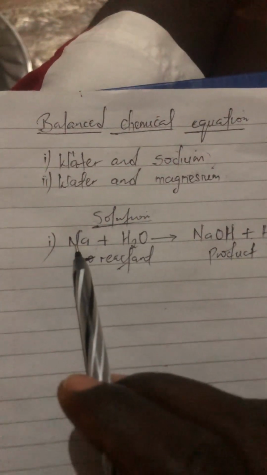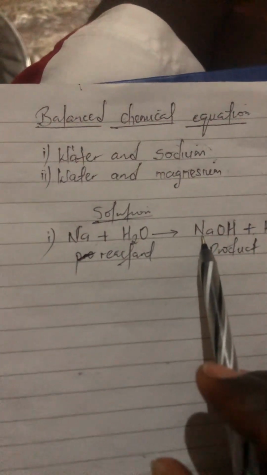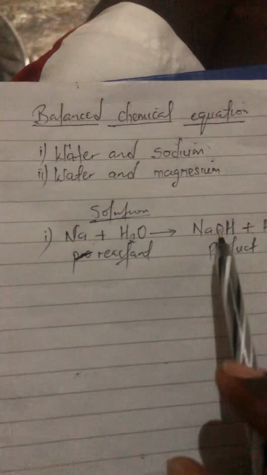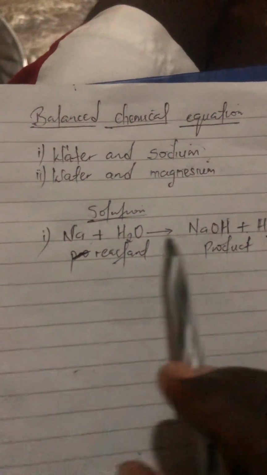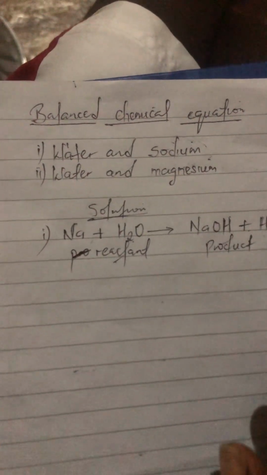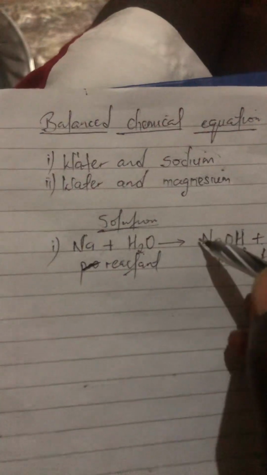Looking at sodium here, we have 1, and sodium here, we have 1. Oxygen here is 1, oxygen here is 1, but hydrogen here is 3, and hydrogen here is 2. So in order to balance this, we are going to put 2 here.